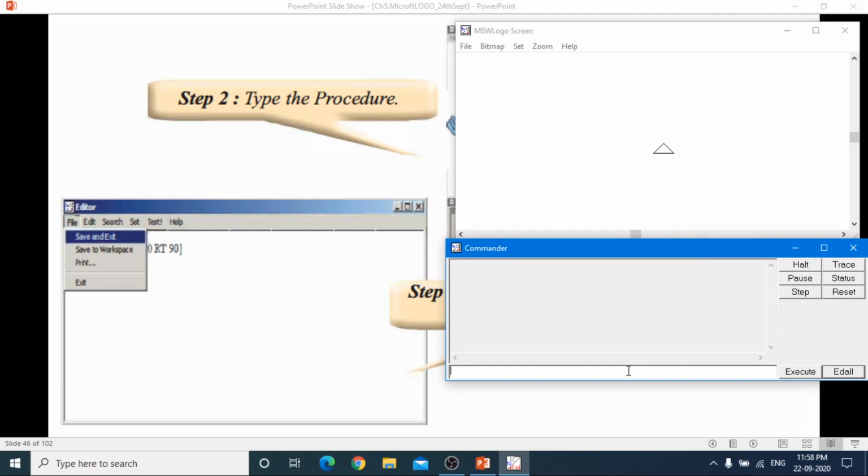Now call the procedure here. If you write square, it will draw the square, just by writing square, because it is already defined.